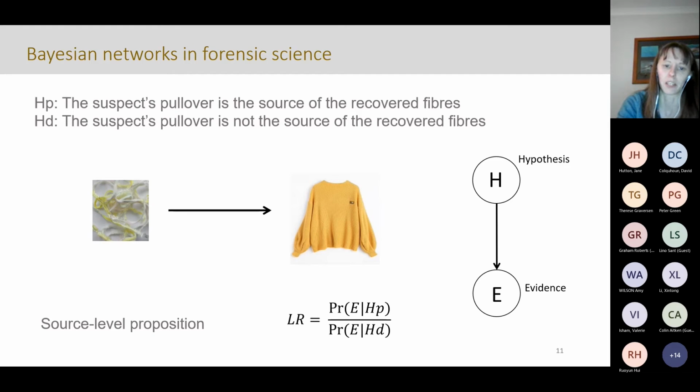The only problem is, a lot of the time they don't tell us very much about the activities of a particular suspect. A suspect's activities are a lot more interesting compared with the matching of a jumper and some fibres, although indirectly that gives you some information about activities.